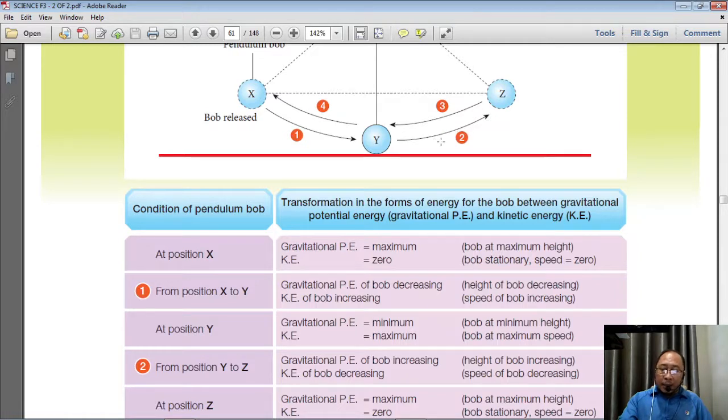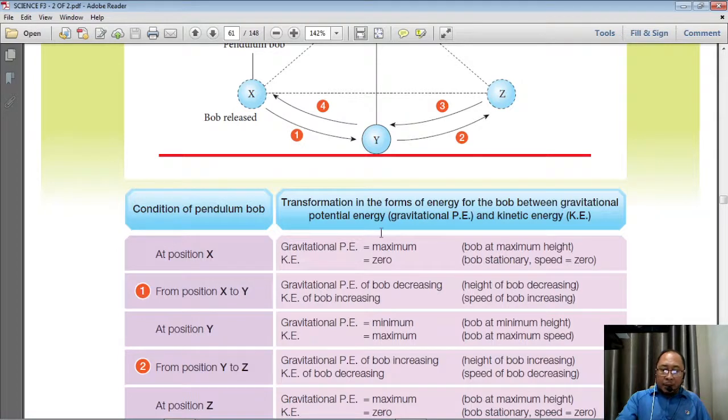That is exactly what happens during the movement from position Y to position Z. The gravitational potential energy will increase, and the kinetic energy will decrease, until the pendulum bob reaches position Z.